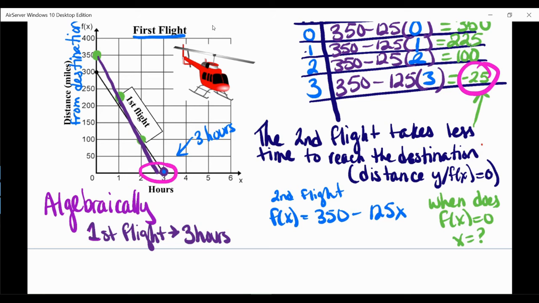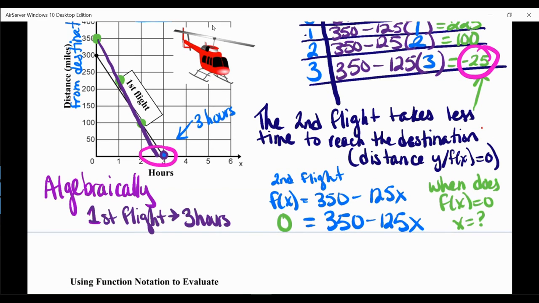So we want to substitute the value of f of x equals 0 in for f of x. And from here, we're solving this equation. Our first step would be to subtract 350 from both sides, and then divide by negative 125.